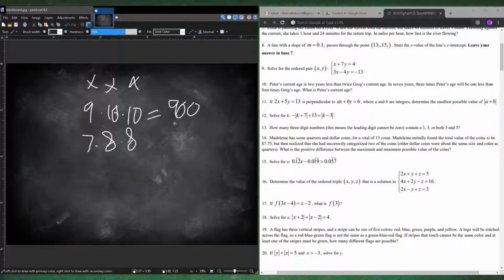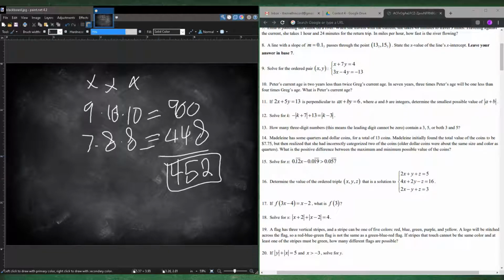So multiplying that out, the total is 900. 8 times 8 is 64, times 7 is 448. So subtracting those out, that's a 2, that's a 5, and that's a 4. So the answer is 452.